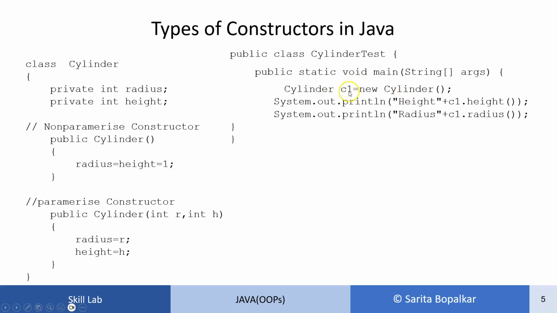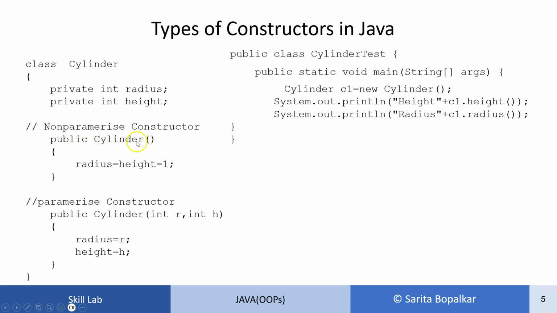Whenever I create the object, the members and methods of this class get assigned to this object. So what are the initial values of radius and height when the object gets created? It depends upon which type of constructor we are calling. Here, whenever we are creating the object, we are not passing any parameter, which means we will call the default constructor, or we can say the non-parameterized constructor.